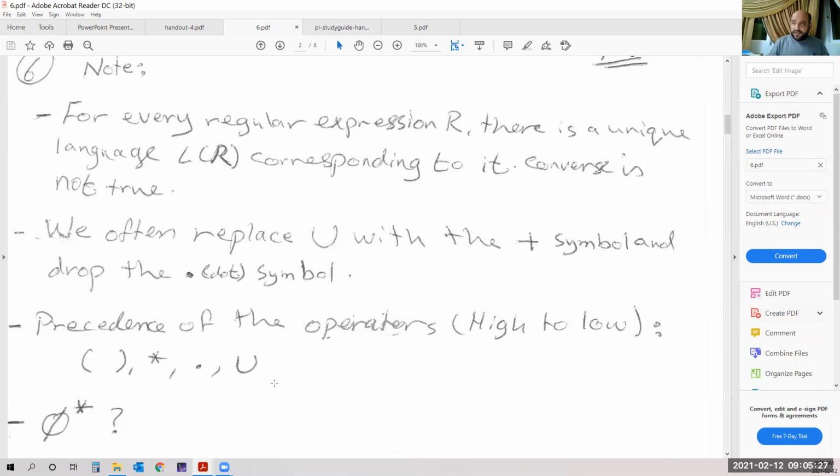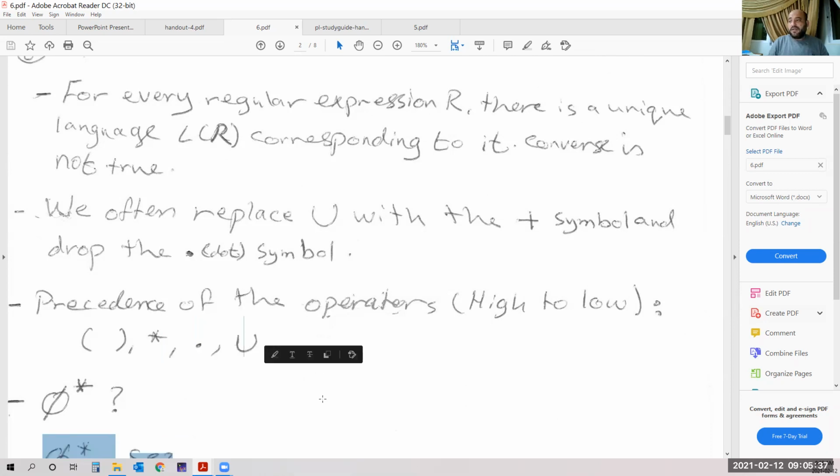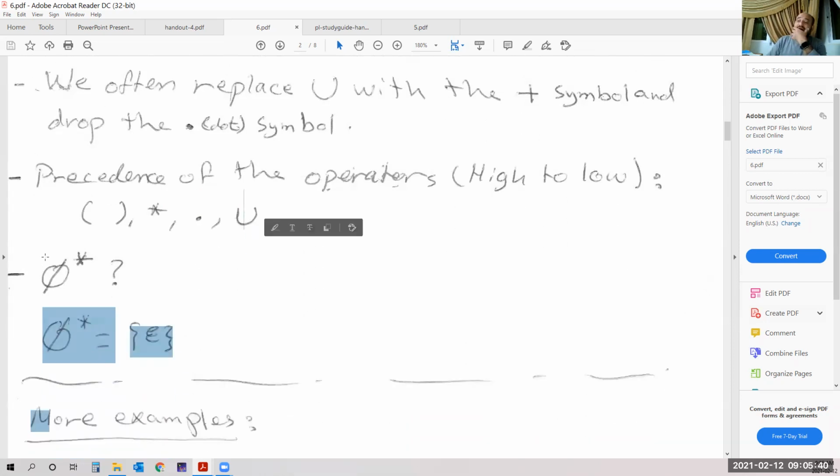So here in set theory, you have the parentheses, the star, then the dot, which is the concatenation, then the union. If you see, in one of the examples, epsilon star, what should that produce? It is the set that contains epsilon.